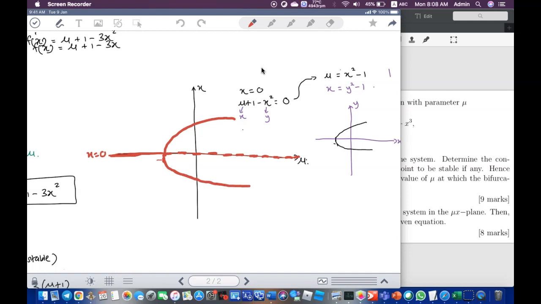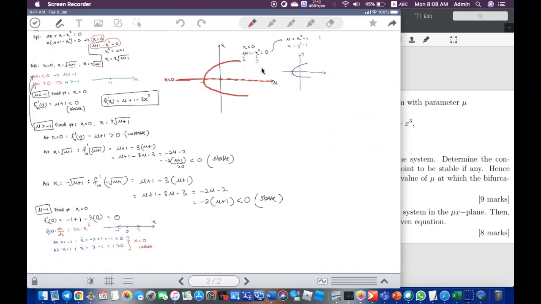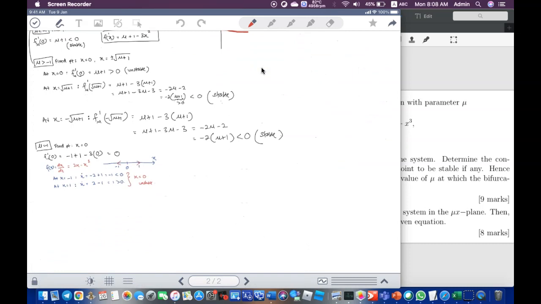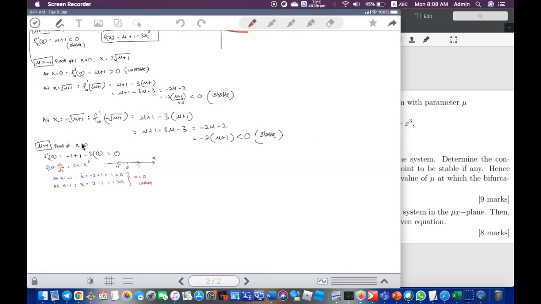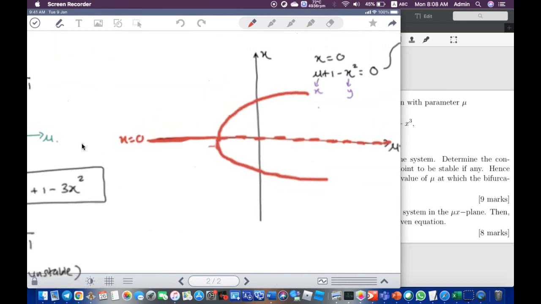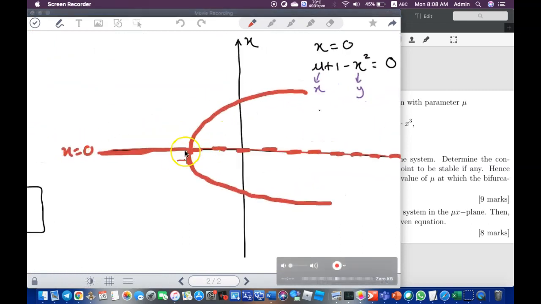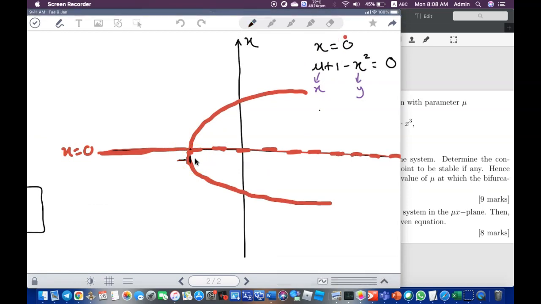Okay, is that all? There is one more. Exactly at mu equal to minus 1, you have just a single x0, which we can see from here. This one, x equal to 0. So this point is actually minus 1, and it is stable.